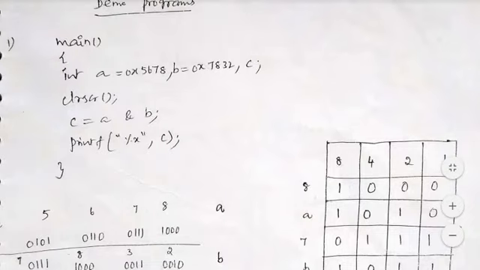So here A and B are both assigned hexadecimal numbers. C is equal to A and B, and printf C with %x for hexadecimal notation. Each number here is to be converted into binary, and then we implement the AND operation.